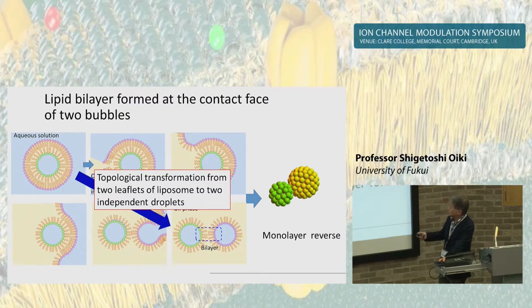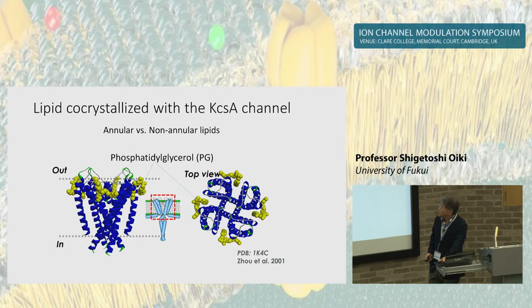So this is just a topological transformation from the liposome to the two droplets. Using this method, we addressed the question of the lipid sensitivity of the KcsA channel. In the crystal structure resolved in 2001, a lipid is co-crystallized with the KcsA channel, and this lipid is solved as phosphatidylglycerol.